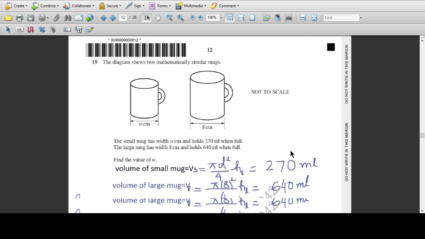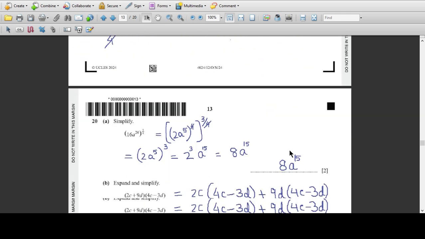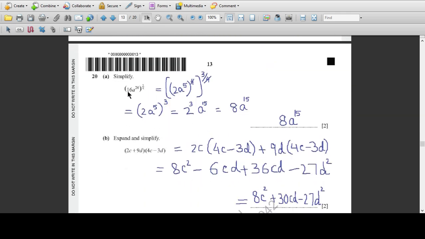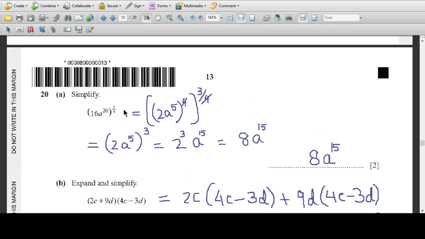Now question number 20. Simplify 16a to the power 20, whole power 3 upon 4. So we'll write this 16 as 2, a power 5, bracket power 4, and on the outer side we have this 3 upon 4.